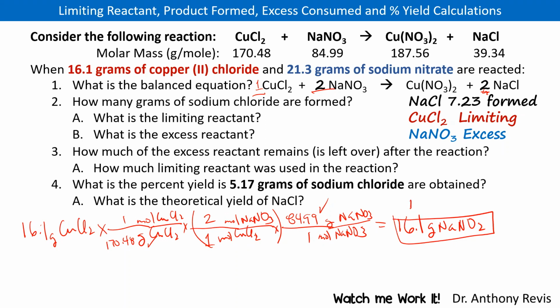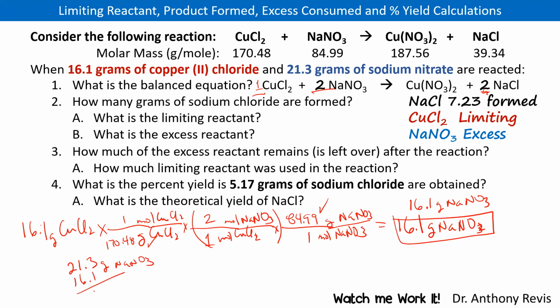Okay, I cut off your numbers. 16.1 grams sodium nitrate, and that should be a 3. Wow, am I getting sloppy with the numbers here? Okay, so that's how much we should have used, but how much did we use? Well, in the beginning, when we started this reaction, we used 21.3 grams of the sodium nitrate, but it only consumes 16.1.